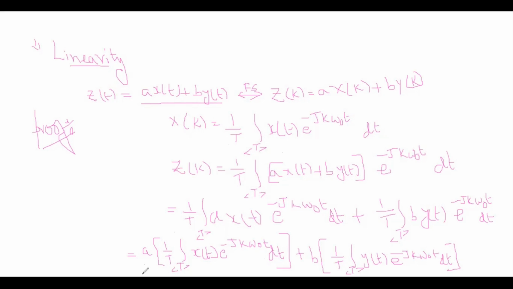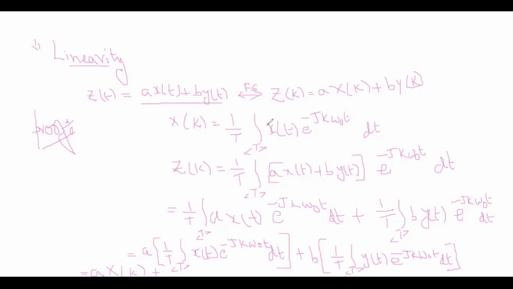So you can write it as a x of k plus, see here also the b is multiplied within the parenthesis, 1 by T integral of y of t e power minus jk omega naught t dt. See, instead of x of t here it is y of t.